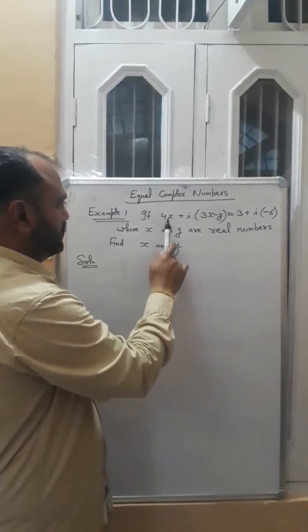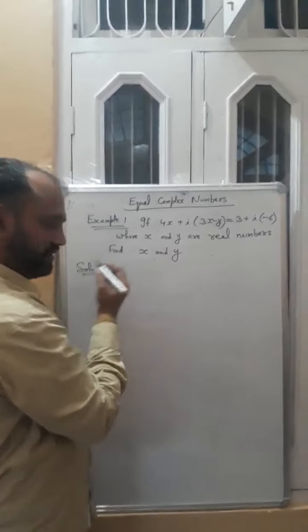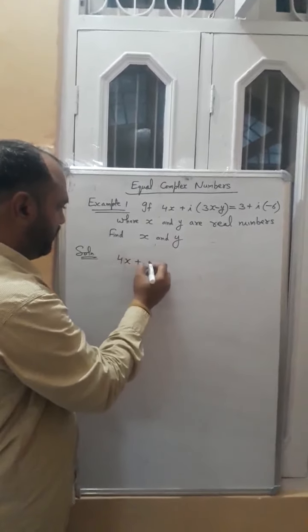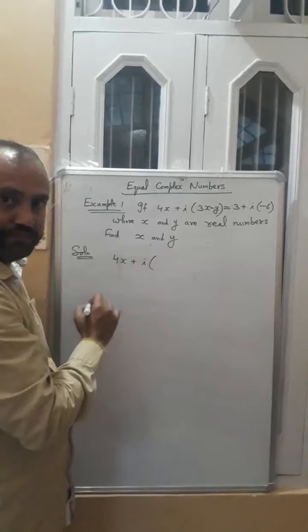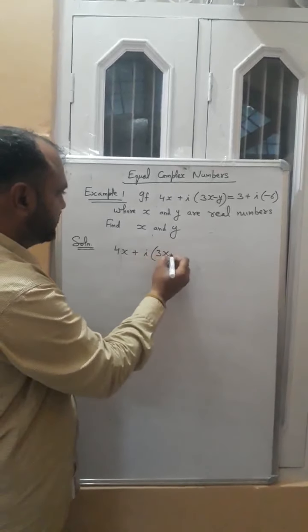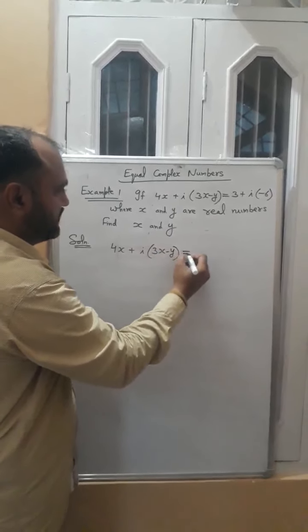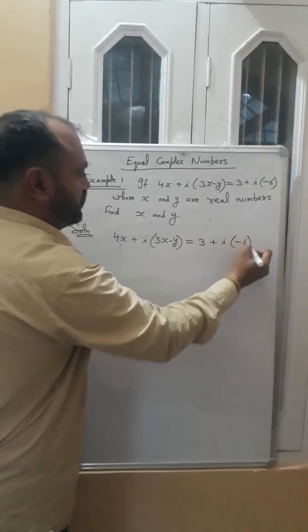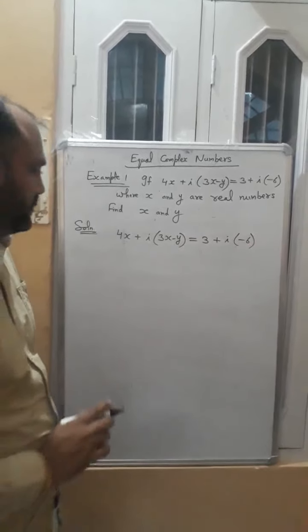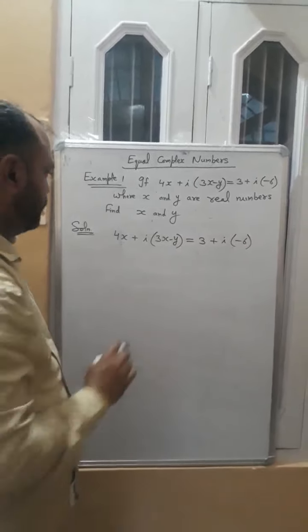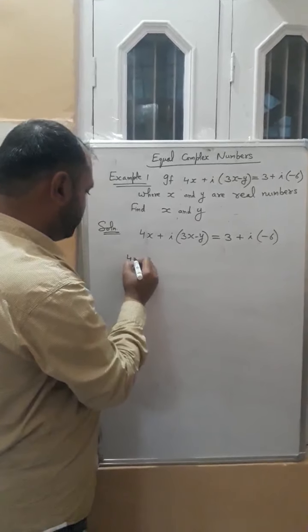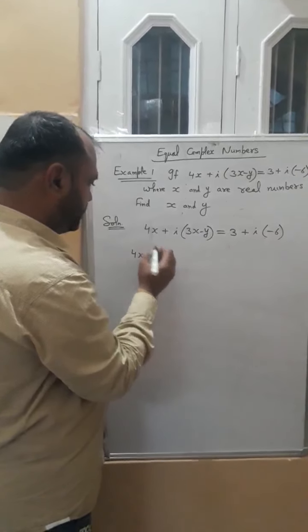Let us solve this. 4x plus iota 3x minus y is equal to 3 plus iota into minus 6. As you know, two complex numbers are equal if real parts are equal. So we get 4x is equal to 3.